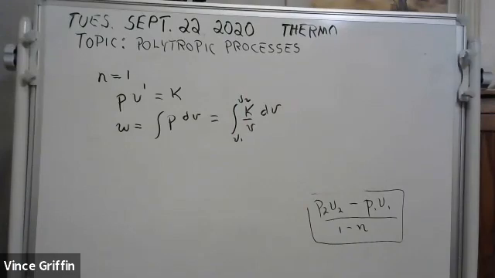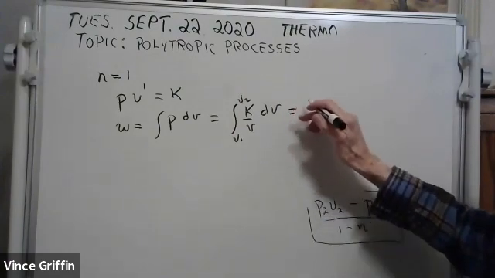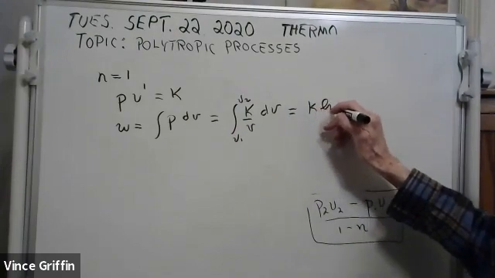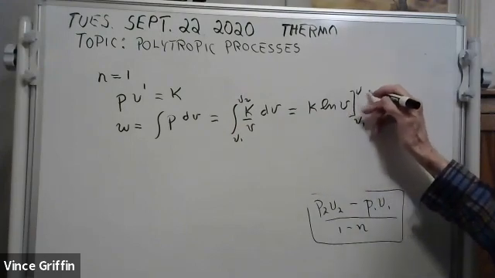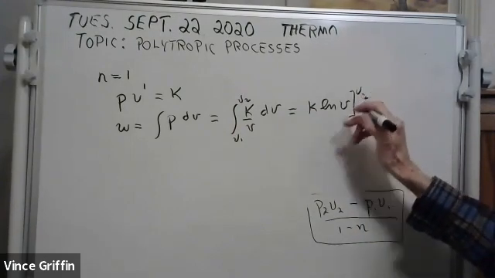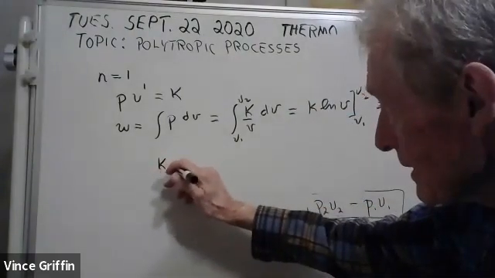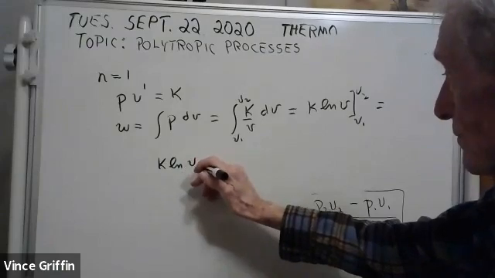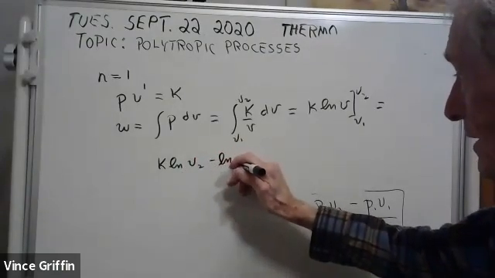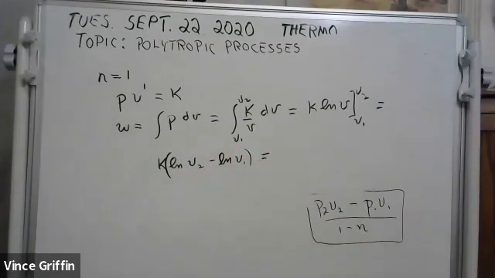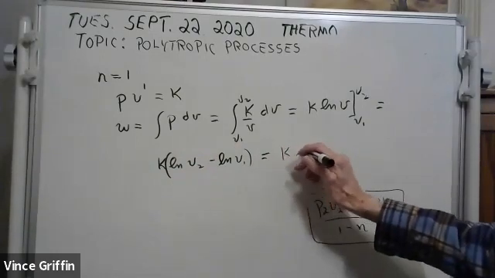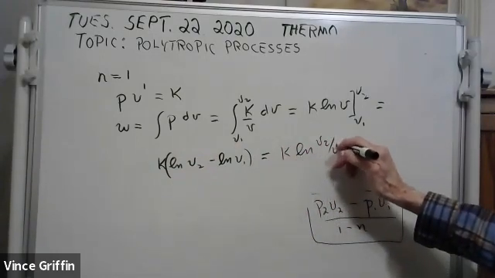Can you get to there with me? If not, speak up. We took this in school. This is equal to K natural log of V when you plug in these limits, and that's equal to K times the natural log of V2 minus the natural log of V1, which is K natural log of V2 over V1.